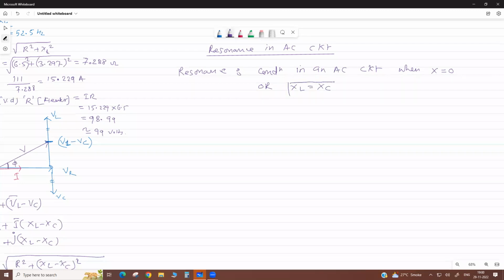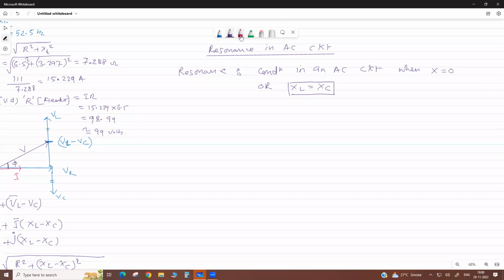This is the condition of resonance. If this occurs, it means the circuit is under resonance. Now, to make XL equals XC, we can achieve this condition by varying the frequency.